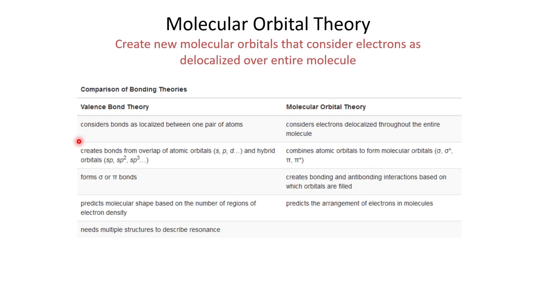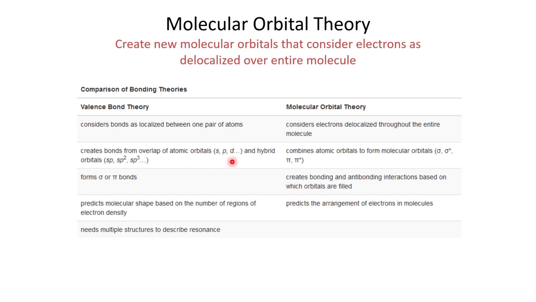With valence bond theory, we consider them localized between a pair of atoms, whereas in molecular orbital theory, they're throughout. Bonds are created from overlaps of atomic orbitals and hybrid orbitals. And instead of keeping the orbitals the same as we did before in valence bond theory, we're actually going to create new orbitals, so molecular orbitals.